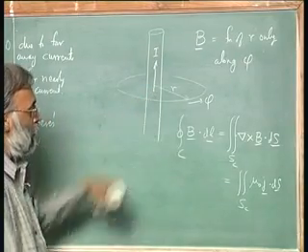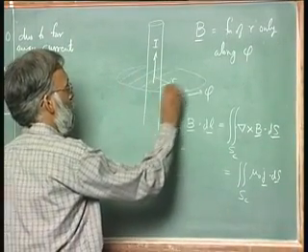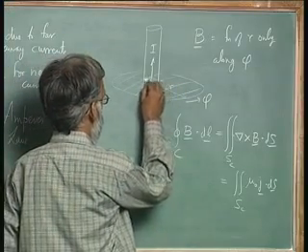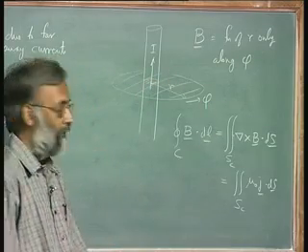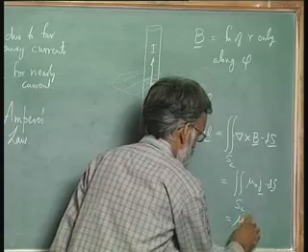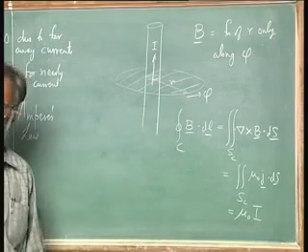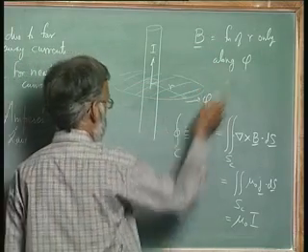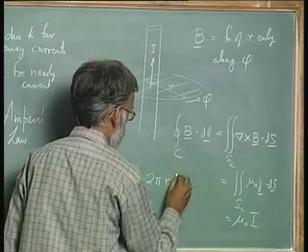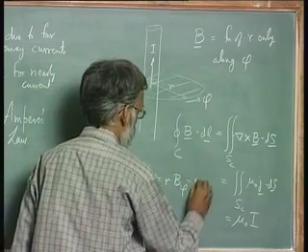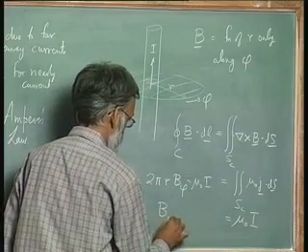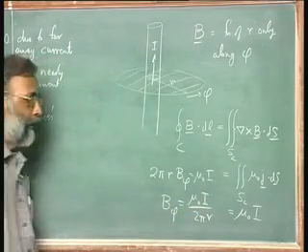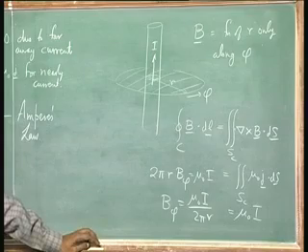But what is mu naught J dot ds? It is the total amount of current that is penetrating the surface, and as it turns out, this surface is penetrated only at the wire by any current. So, it is equal to mu naught I, and B is a function of r only and it is along phi. So, I can write this as 2 pi r B phi is equal to mu naught I, or B phi is equal to mu naught I divided by 2 pi r. It is a very standard result.